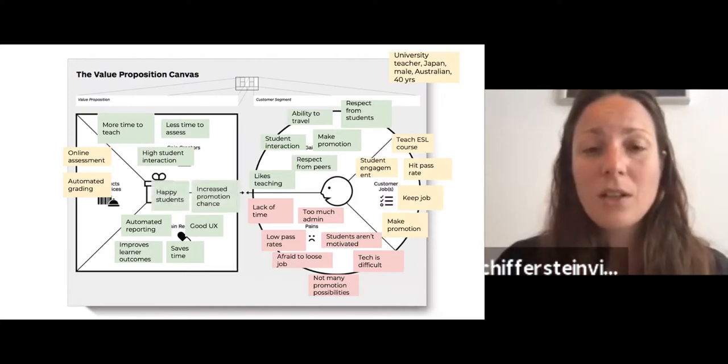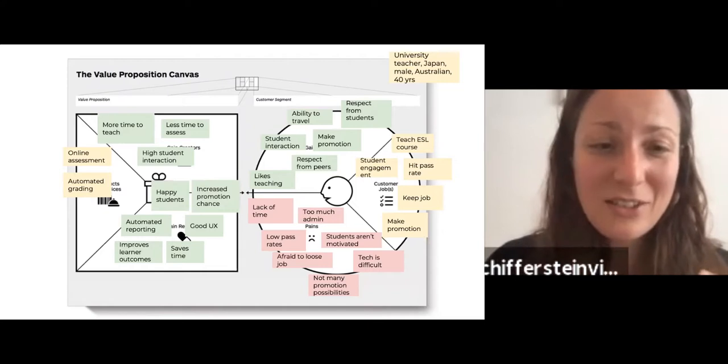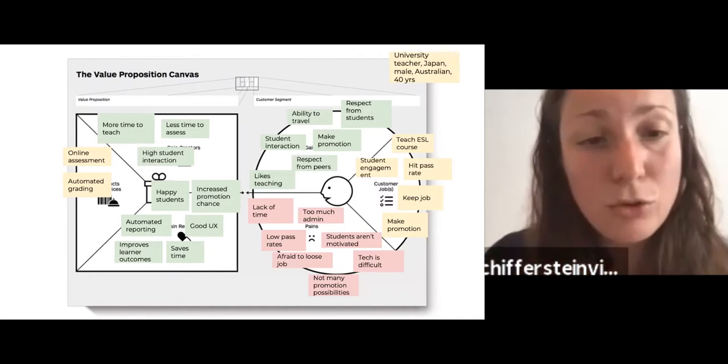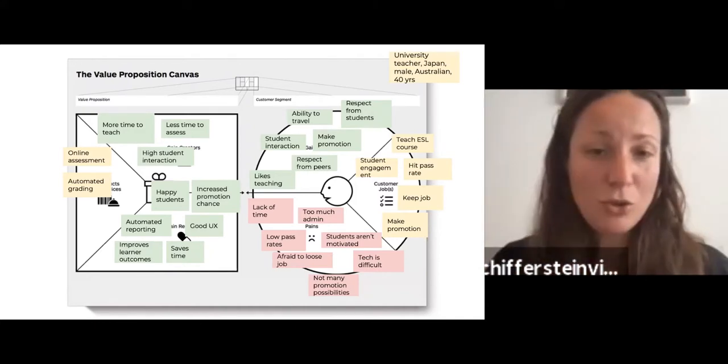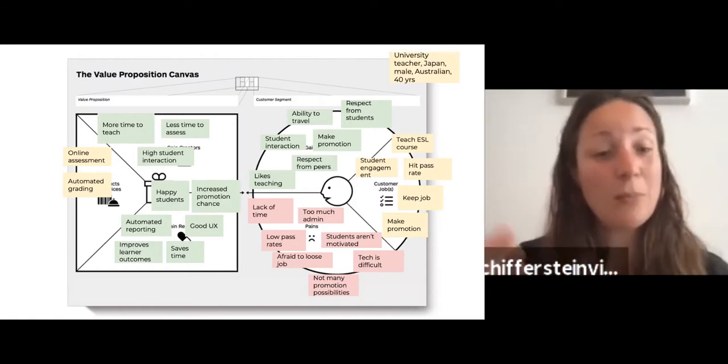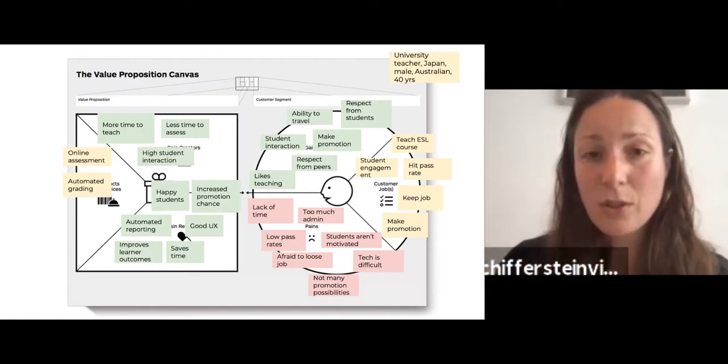So the value proposition here is really by using this online assessment or automated grading tool, he gets happy students and he gets increased promotion chance because they perform better, their learning outcomes are going up.